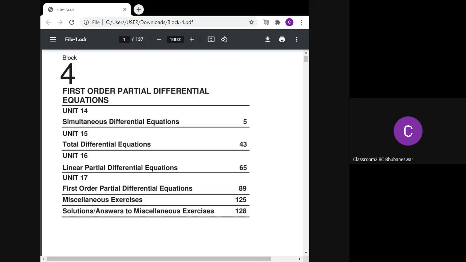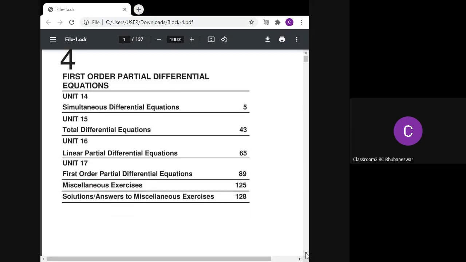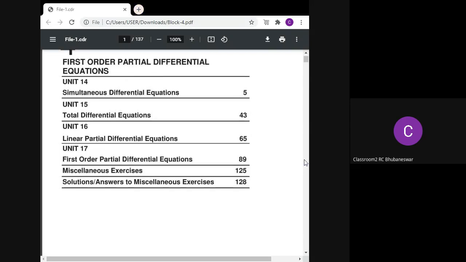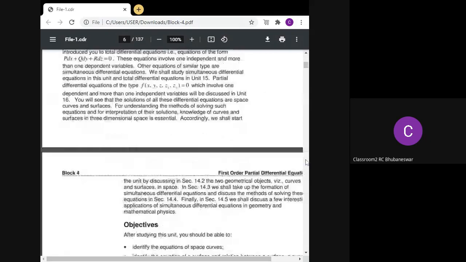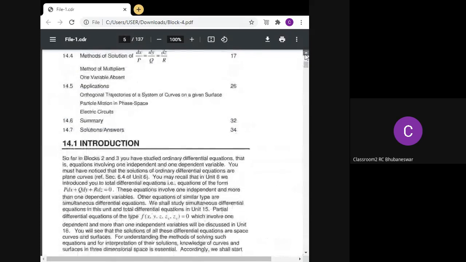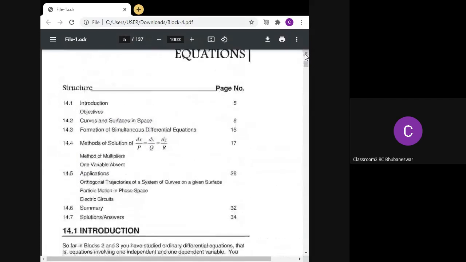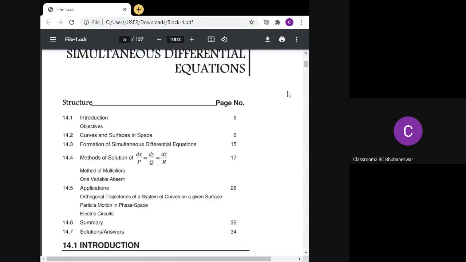So let us look at the definition of simultaneous differential equation. So here, again let us look at the outline of this particular unit number 14, that is all about the simultaneous differential equations.